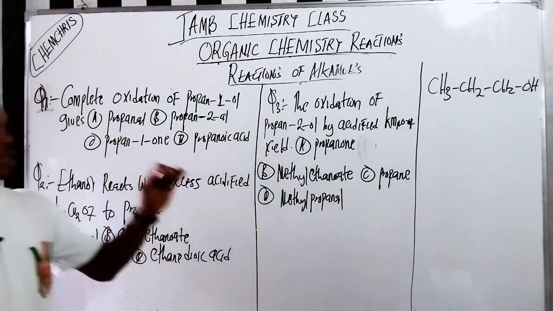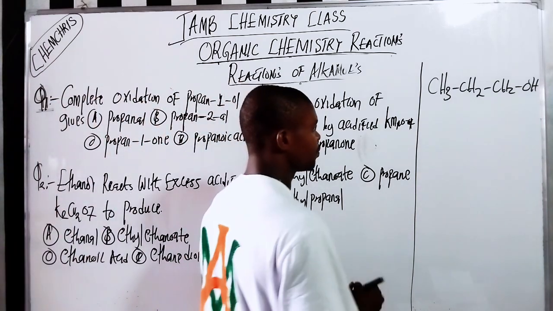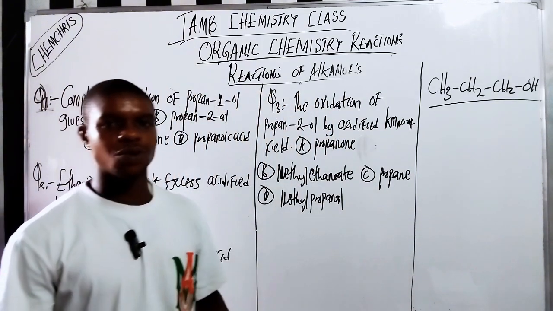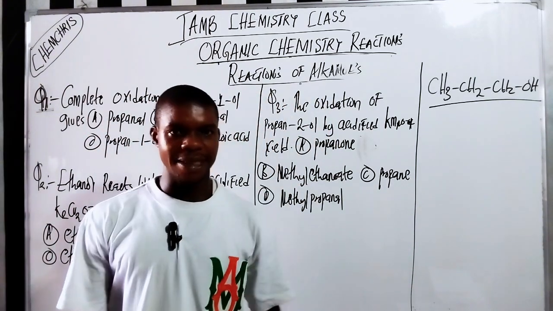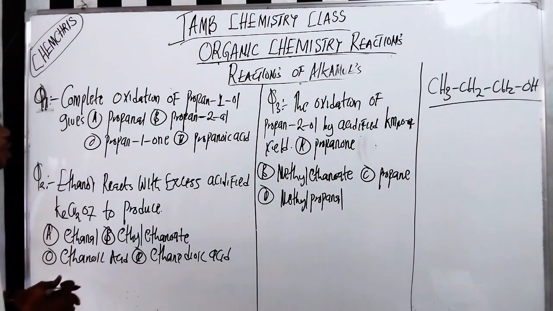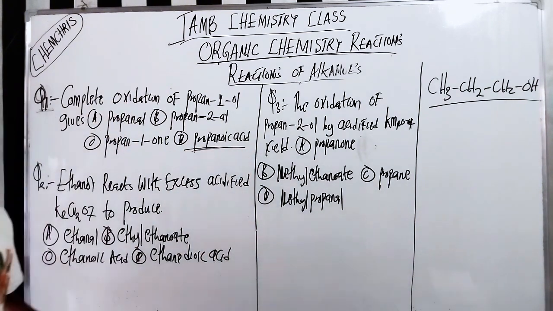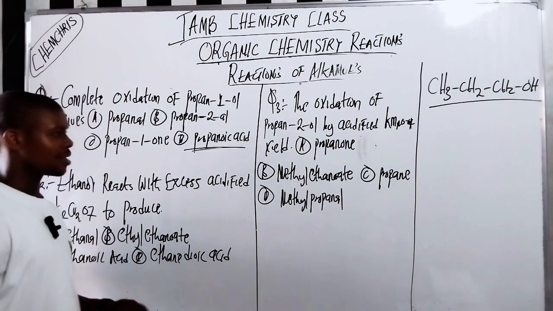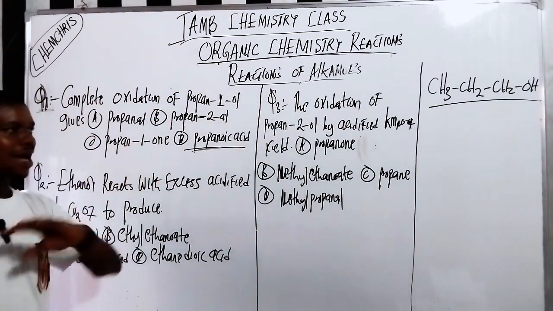Remember, primary alcohol can be oxidized to aldehyde, and further oxidation will produce carboxylic acid. They are talking about complete oxidation, so the answer is D, propanoic acid. Complete oxidation of primary alcohol will produce carboxylic acid.